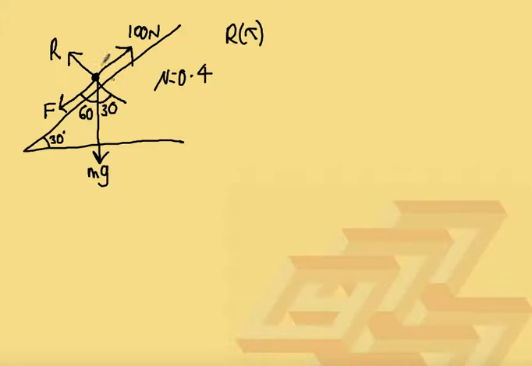So, resolving perpendicular to the plane, both the friction and the 100 newtons force are perpendicular to the reaction, so I can ignore them. So I just get R minus mg cos of the angle I'm turning through, which is 30 degrees, and that is equal to 0.